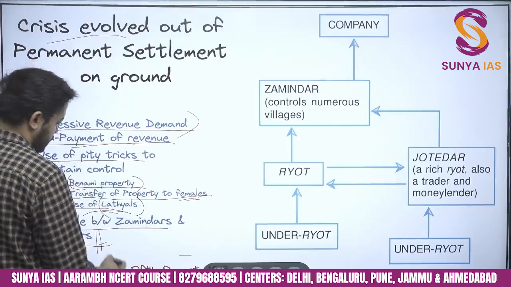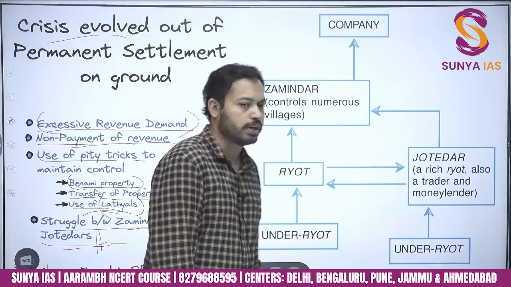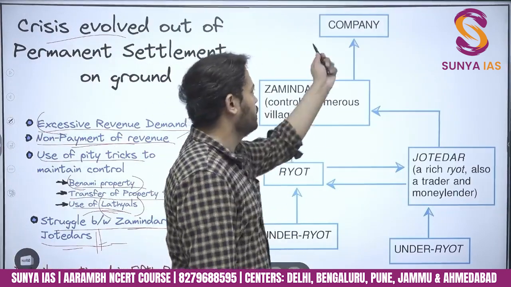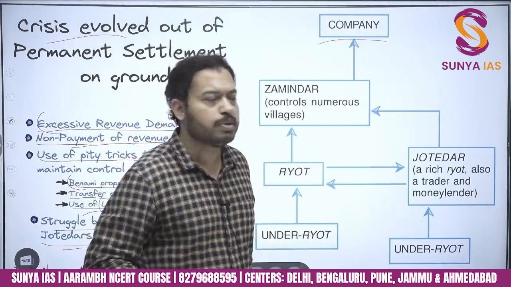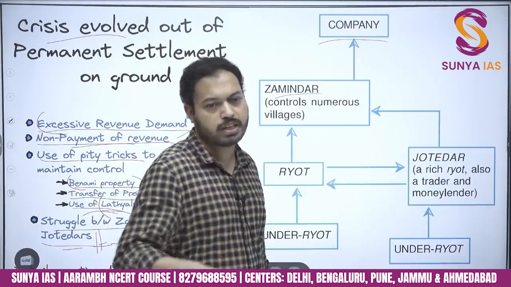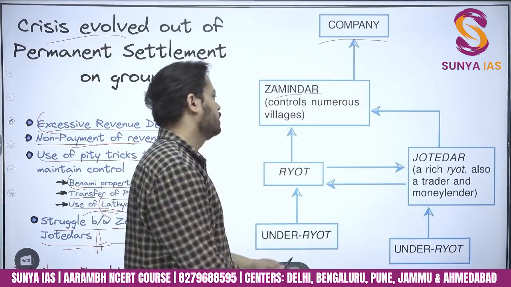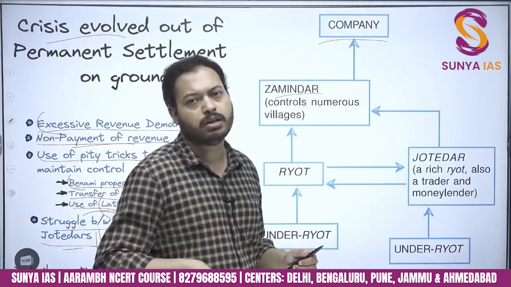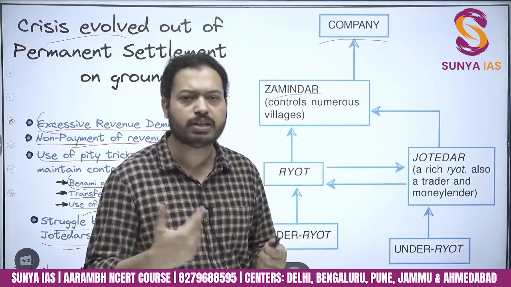So that is mentioned here, the struggle between the zamindar and jotedar. Now understand what the block diagram says. The company was on the top when it came to revenue collection. Immediately below the company was the zamindar, who was expected to collect the revenue and give 10/11 to the company and keep 1/11 to himself. Then there were people from whom the zamindar was directly collecting the revenue, and these were the rayats.